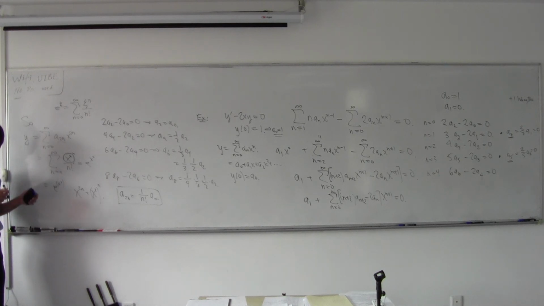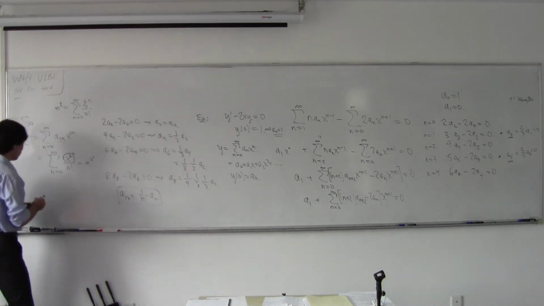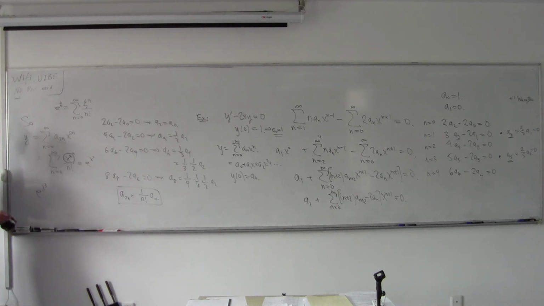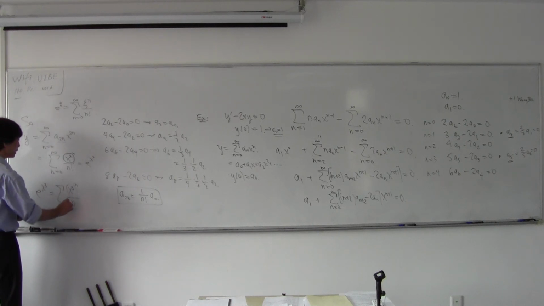If I said, what is e to the x cubed? What's the power series for e to the x cubed? Well, I'm just going to put x cubed into the power series for e.